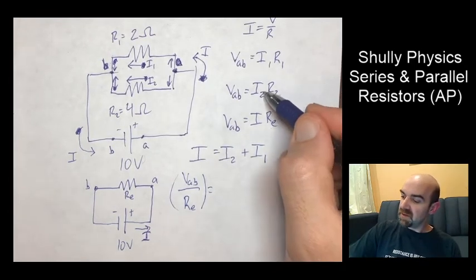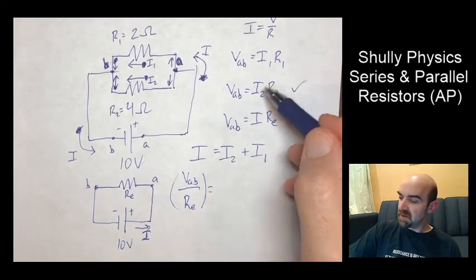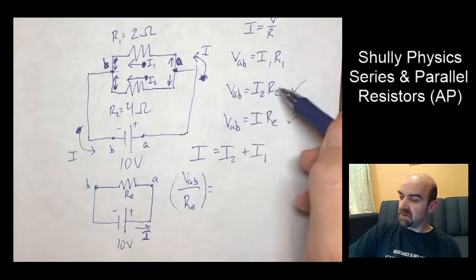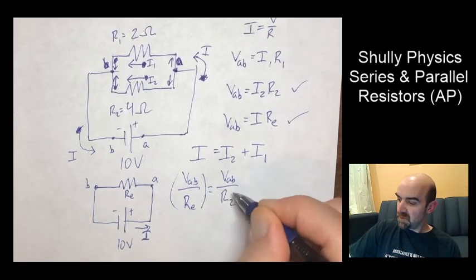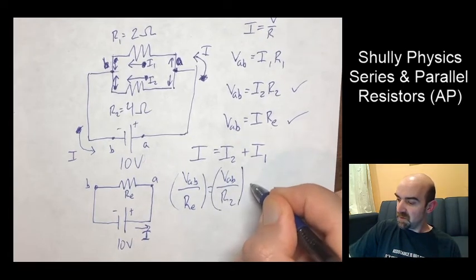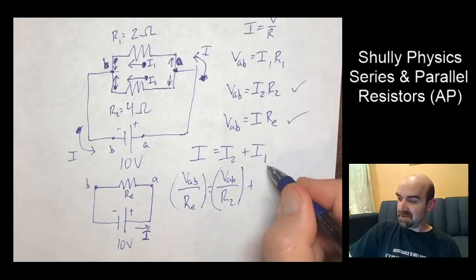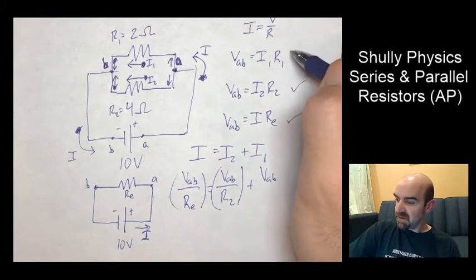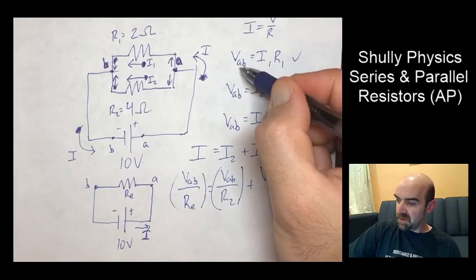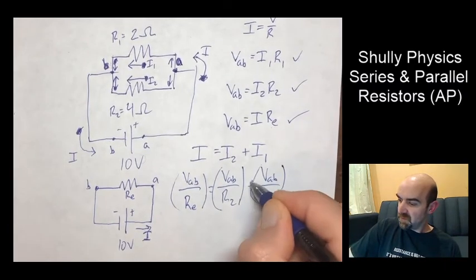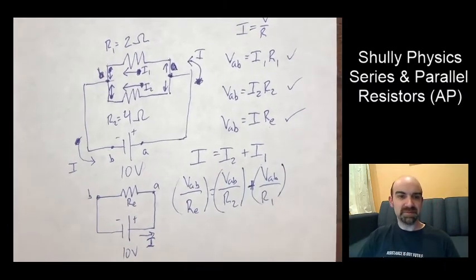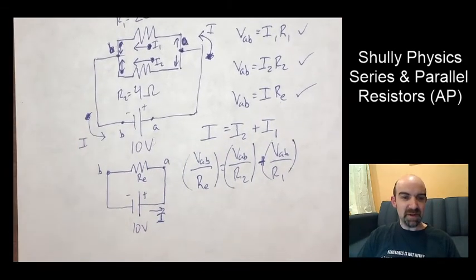Now let's go to I2 and R2. I2 is equivalent to VAB divided by R2. Plus I1, that's going to be VAB divided by R1. Excellent.